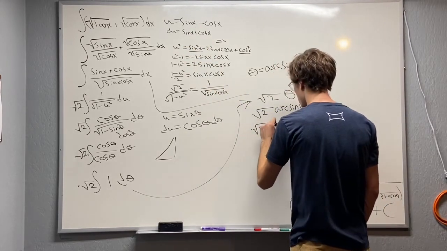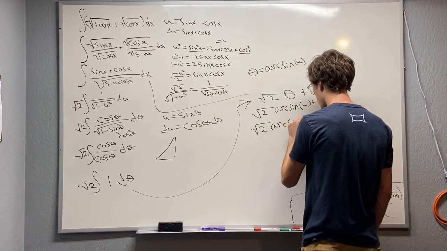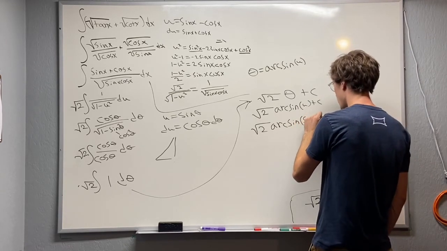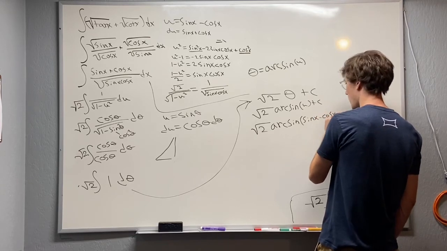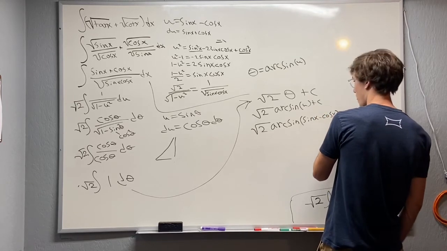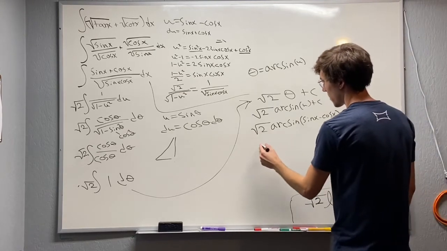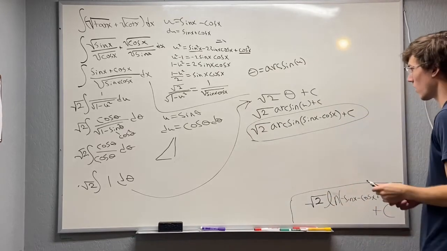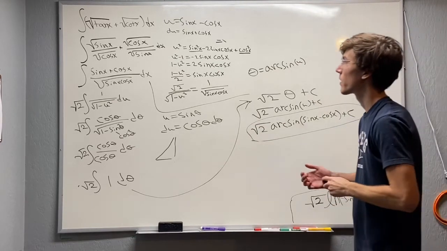So 2 arc sine of u was the sine of x minus the cosine of x plus c. And so that is the second part of our formula that we're going to add to this one in just a second.